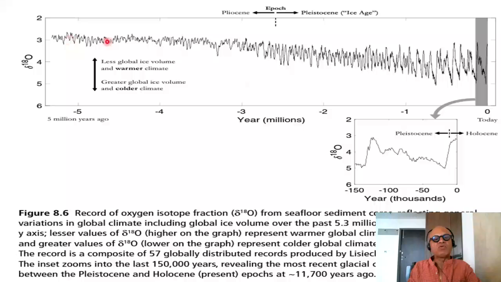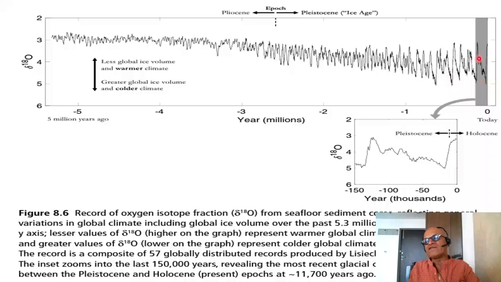For example, why we went from this relatively higher frequency to the obliquity time scale of 41,000 years here, and then to the eccentricity time scale of 100,000 years here, is not fully understood. Lots of hypotheses exist, a lot of explanations are given.